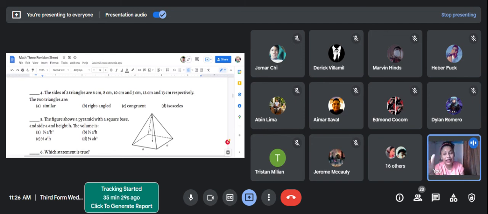You said that an isosceles triangle has two sides that are the same and one side different, right? If you look at those measurements, 6, 8, and 10, and 5, 12, and 13, do two of those numbers look the same? No, miss.